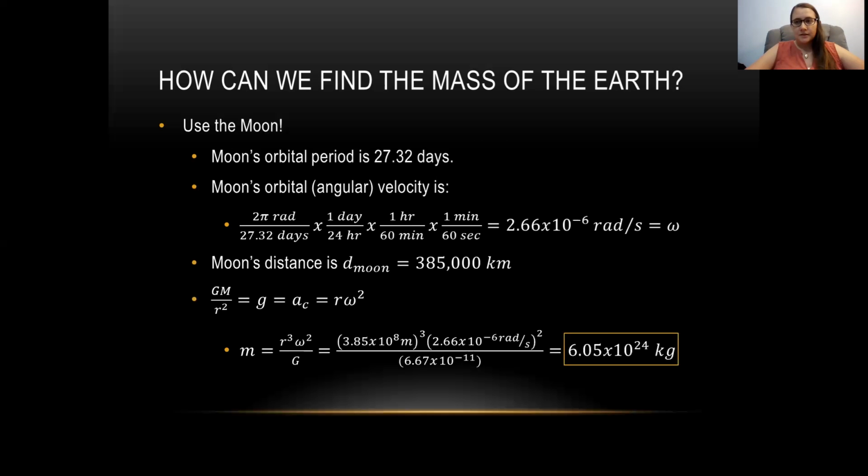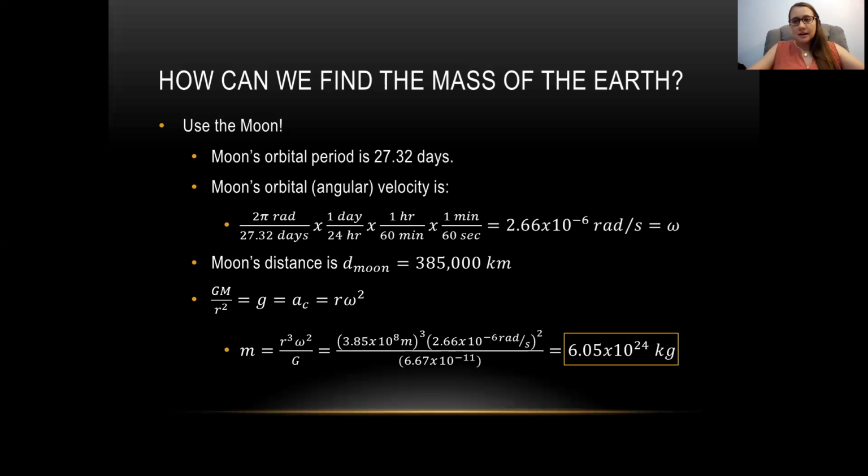Sorry, I told you before this is the mass of the moon. I lied. It's the mass of the Earth. Sorry, my brain is elsewhere right now. But anyway, this is our approximate mass of the Earth based on the moon's orbital parameters.